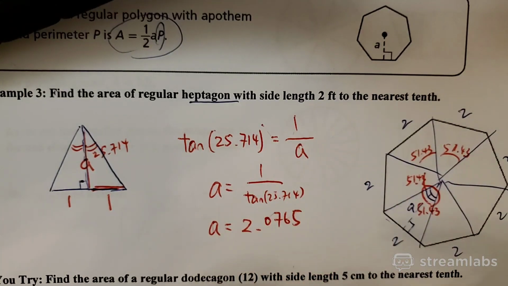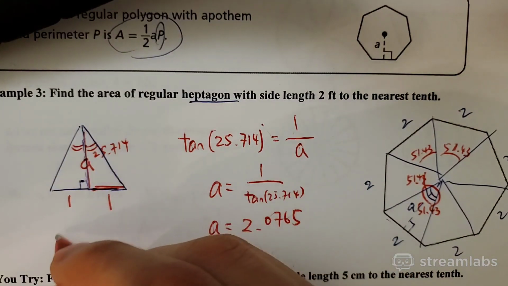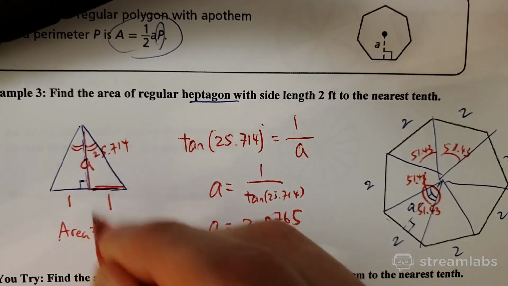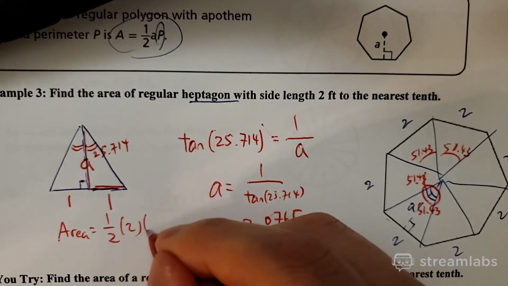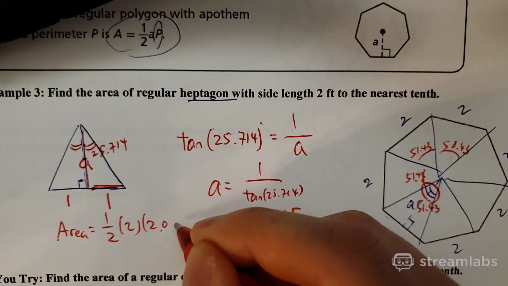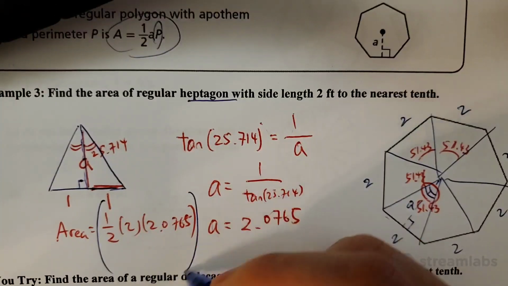Okay, then once you get this, then you would calculate. So each triangle area is 1/2 base times height, right? The whole thing times height is 2.0765. And whatever you get here, how much do you have to multiply by?